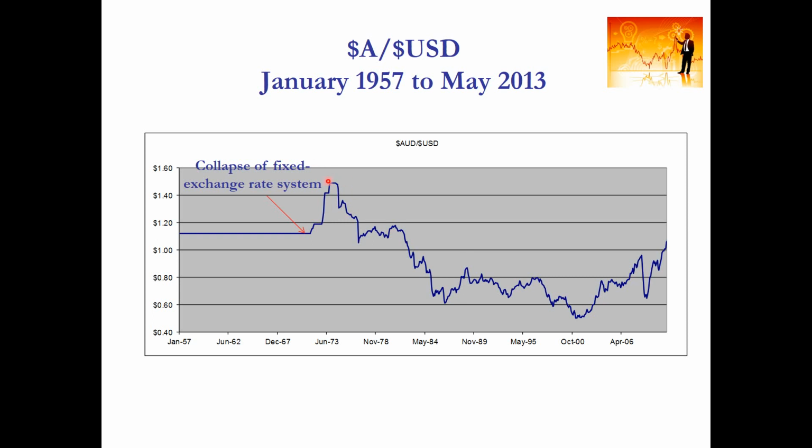So you can see during this time period, you could use 1 Australian dollar to buy about 1.5 US dollar. However, in October 2000, using 1 Australian dollar, you could buy only 0.5 US dollar. So you can see that if you cannot reasonably predict exchange rate movement, that can be a substantial risk for you if you decide to go investing in an internationally diversified portfolio.